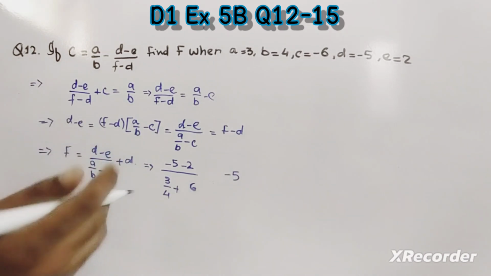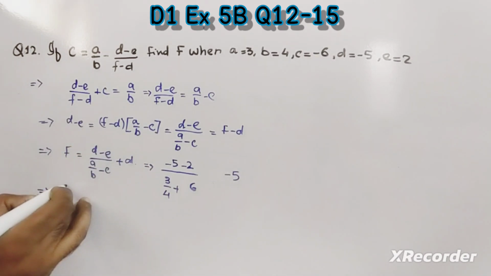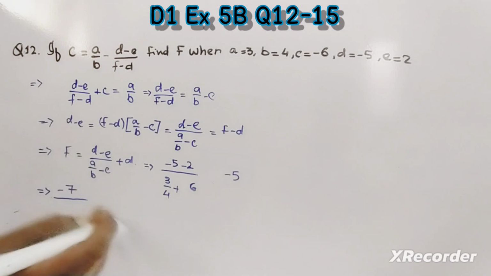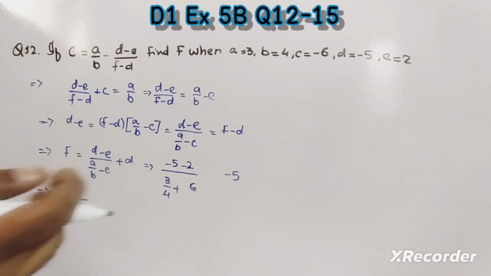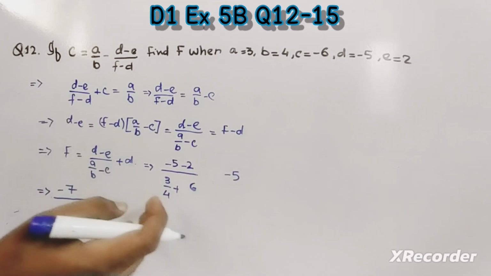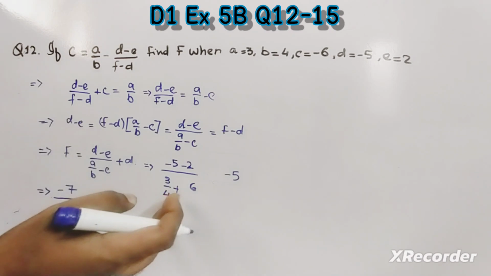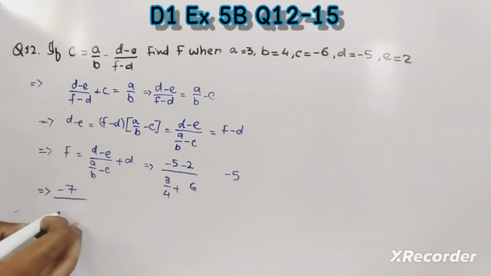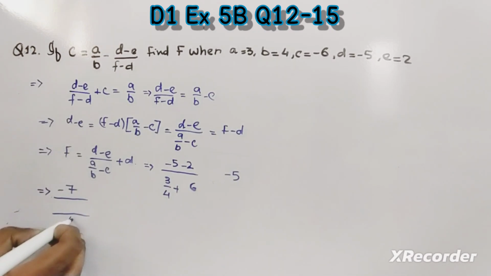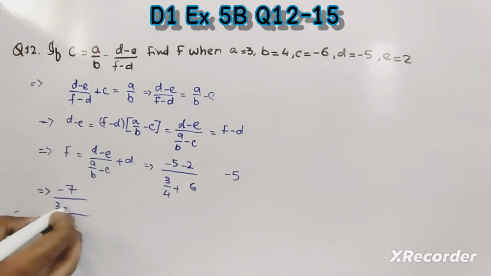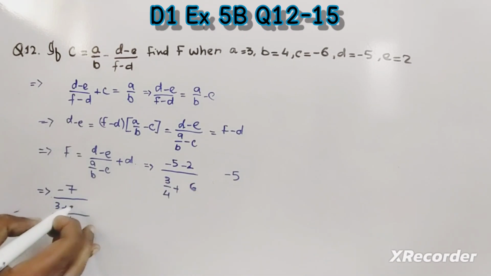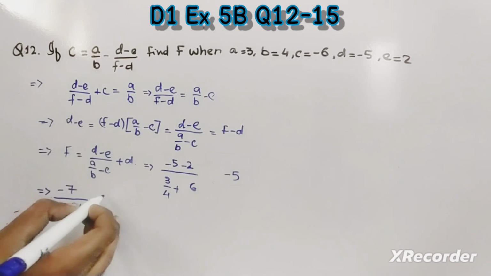Now we are solving. Minus 5 minus 2 is minus 7. Taking the LCM of 3 upon 4 plus 6 is 4. 3 plus 4 times 6 is 24, minus 5.